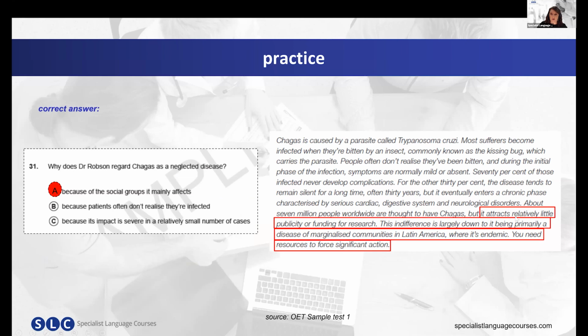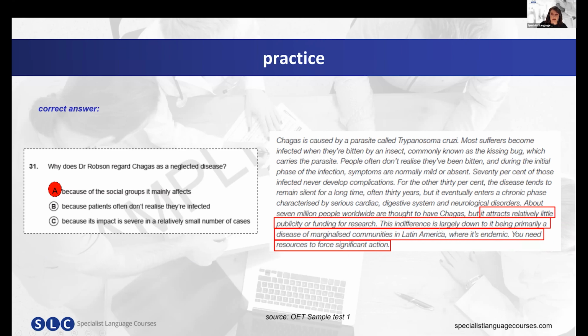So we come to the audio and we see it attracts relatively little publicity or funding. And then we look again, you need resources to force significant action. So this is telling us that he thinks it's neglected, that it doesn't have enough funding, it doesn't have enough research or publicity. And then this is where we can find out why.